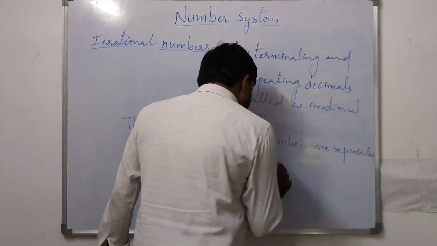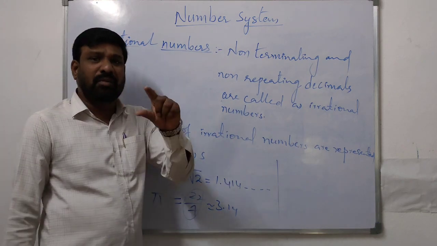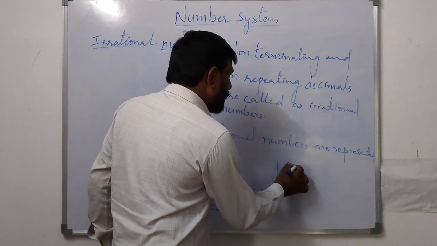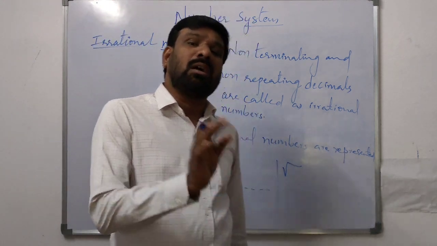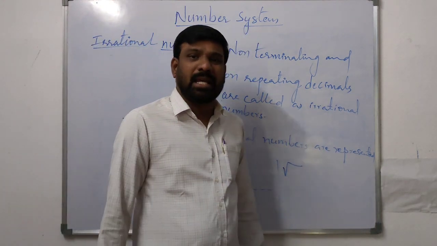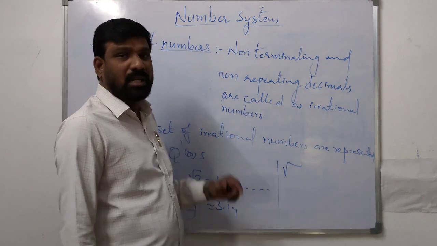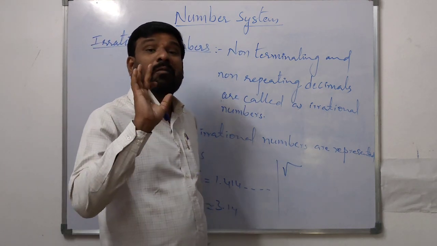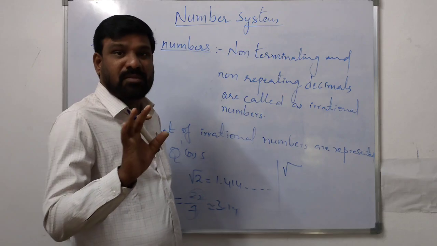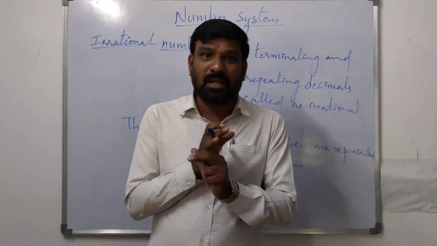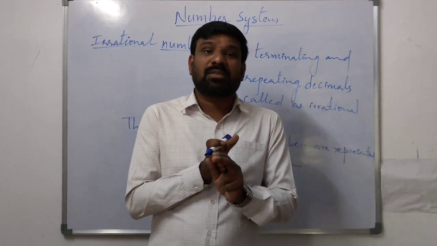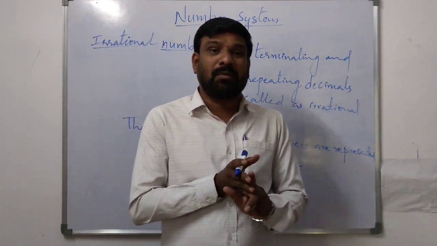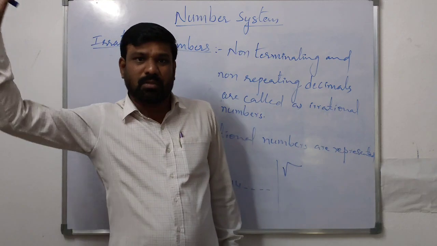Like this, you can take the square root of any non-perfect square number as an example of an irrational number. Perfect square numbers means 1 is a perfect square, 4 is a perfect square, 9, 16, 25 are perfect squares, like this, 1 square, 2 square, 3 square, 4 square and so on.